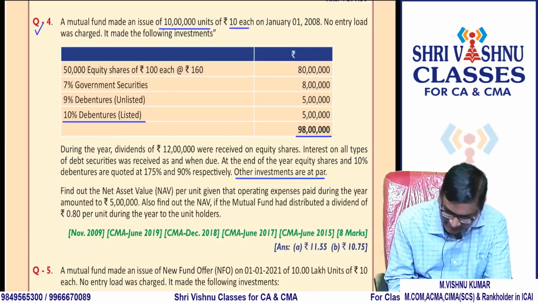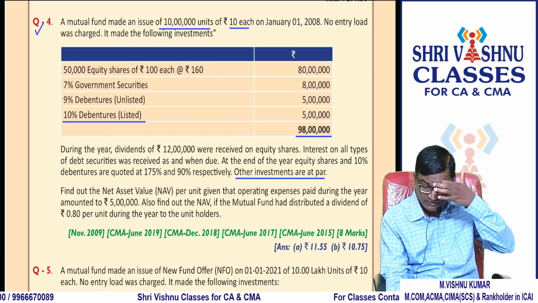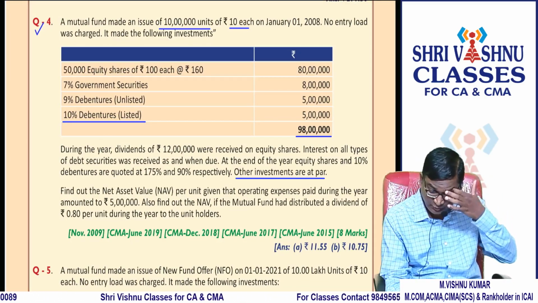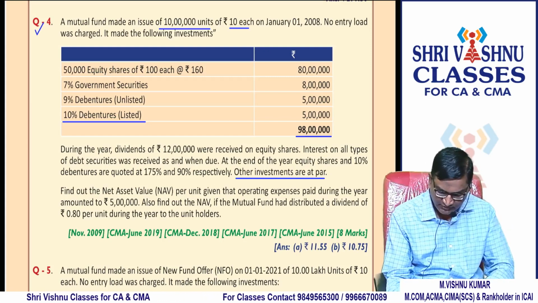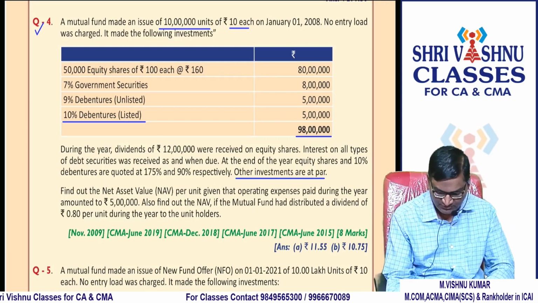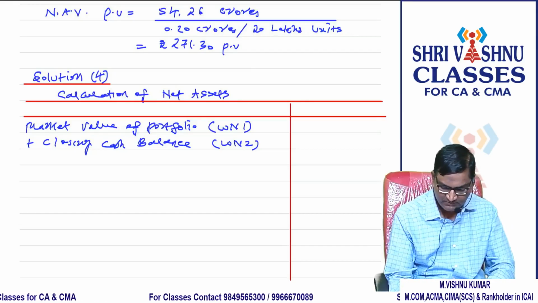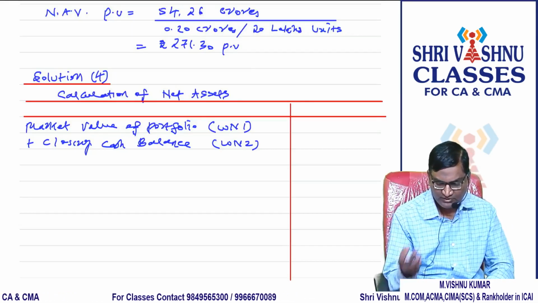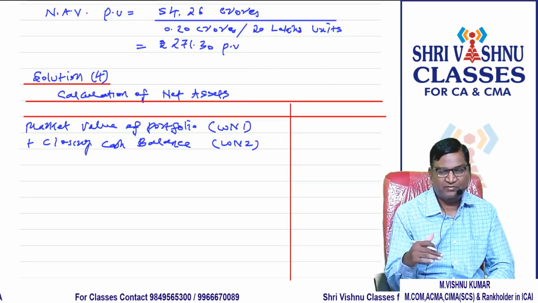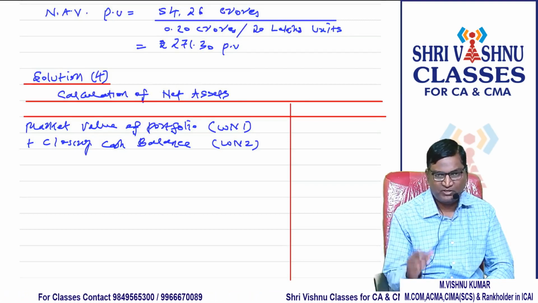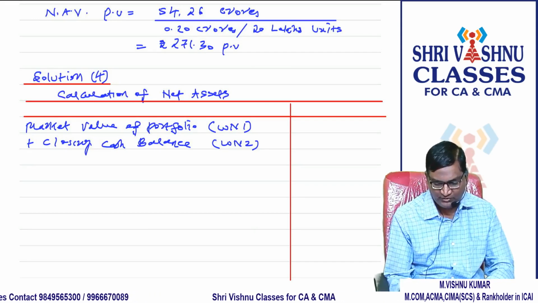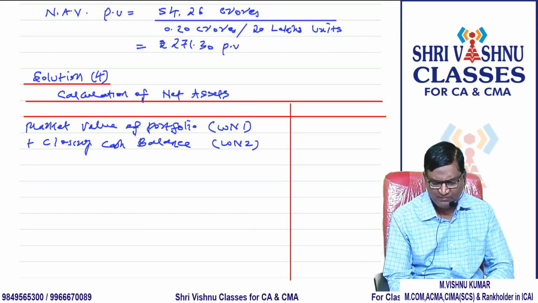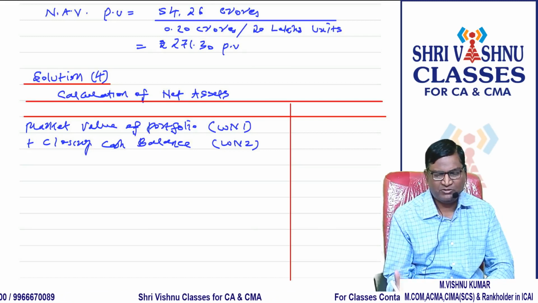Cash at the beginning is 2 lakh rupees, but they are receiving dividend also, interest also, and after all these adjustments, the cash balance will change. So we also have to calculate the closing cash balance, because interest and dividend are received. After receipt of interest and dividend, total cash how much, that we have to calculate in the working note. It is a very simple calculation; the 2 lakhs is the main calculation.